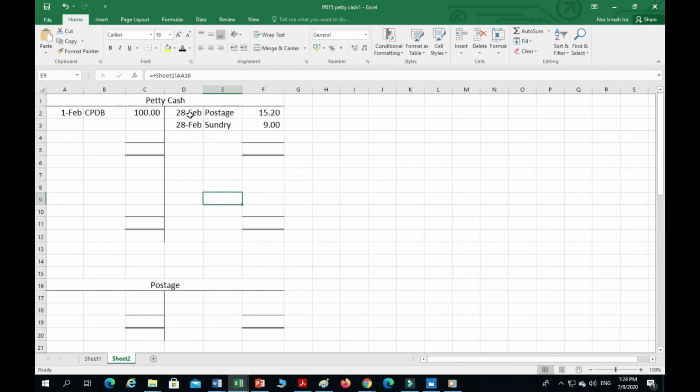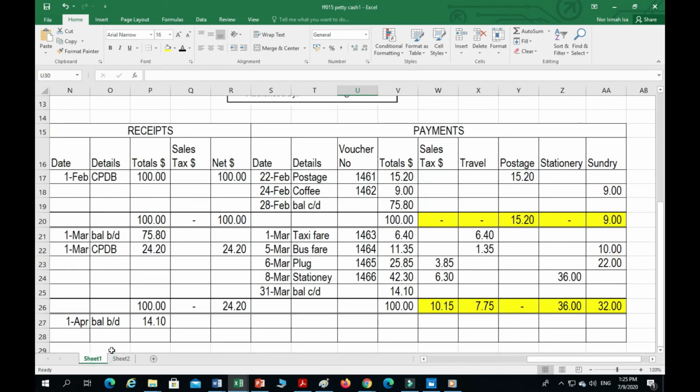So please remind yourself that the posting will be done at the end of the month. So this is 28 February. So the postage amount is 1520. So this is the total amount, and same for the sundry.